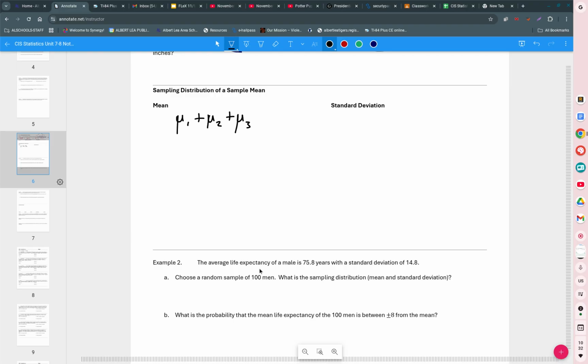I was envisioning Andrew. Okay? And we do it over and over again. As we add those up, that will be the mean of the total. Okay? As you sample these over and over again and you get good numbers, these means are going to become very close to each other, meaning that the mean of the total will be a mean plus a mean plus a mean.